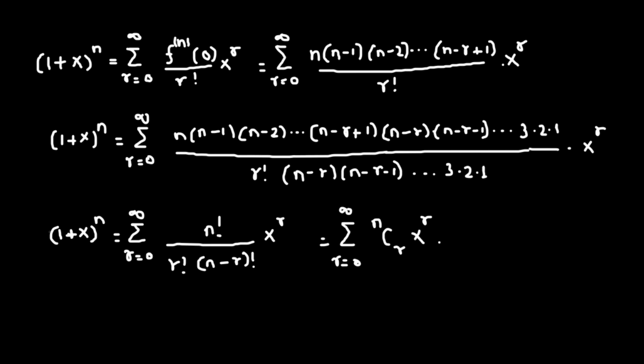Here we have the rth term, which is a_r, equal to nCr x raised to the power r. Now we take the next one, the (r plus 1)th term, and that will be nC(r plus 1) times x raised to the power of r plus 1.